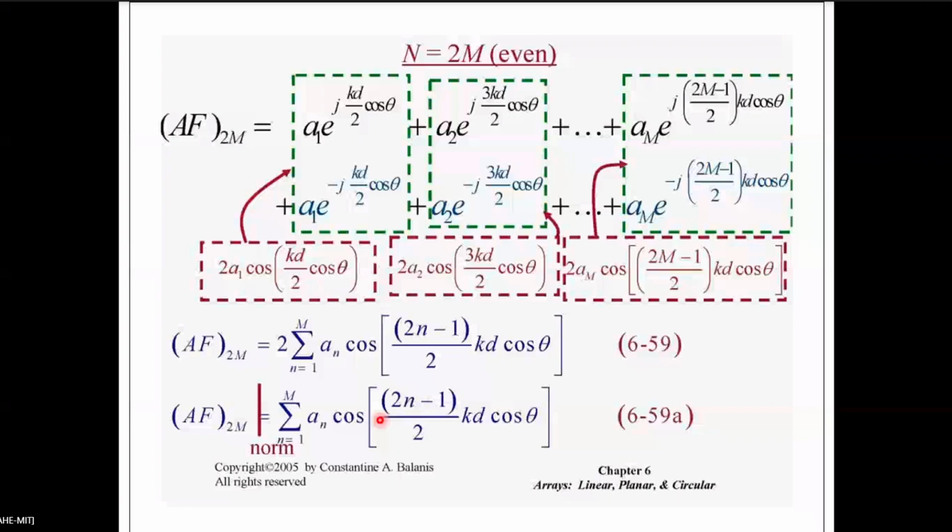It is actually an array of even number of isotropic elements with equidistant uniform spacing, non-uniform amplitude, and same phase. Okay, have you got it? Of isotropic sources.